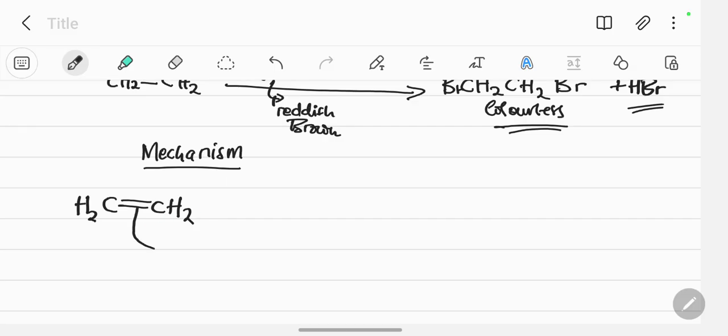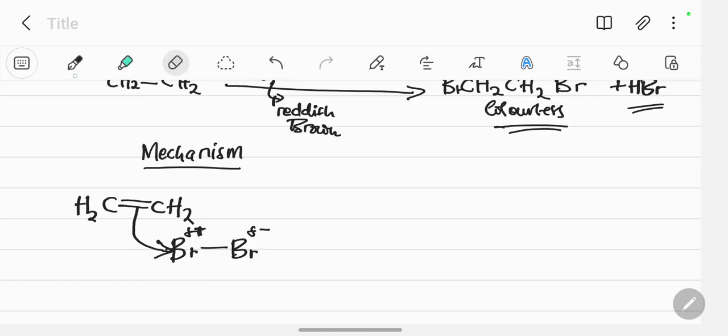At first, our bromine is going to present itself in this form, and this one is partially negative, partially positive. Why? Because that bromine there is withdrawing the bonding electrons to itself, attaining that negative charge, leaving this one partially positive. That's why we show it that way.